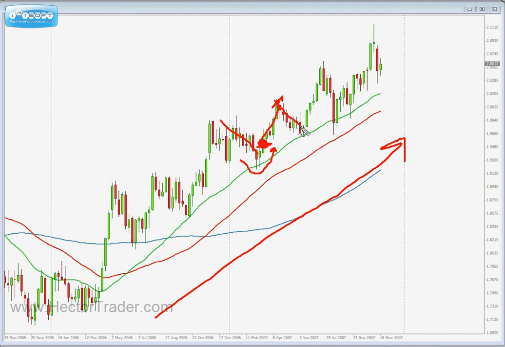Next retracement, same story. We reach the dynamic area, we see price beginning to turn around. This would have been a nice area to enter long for another swing up.